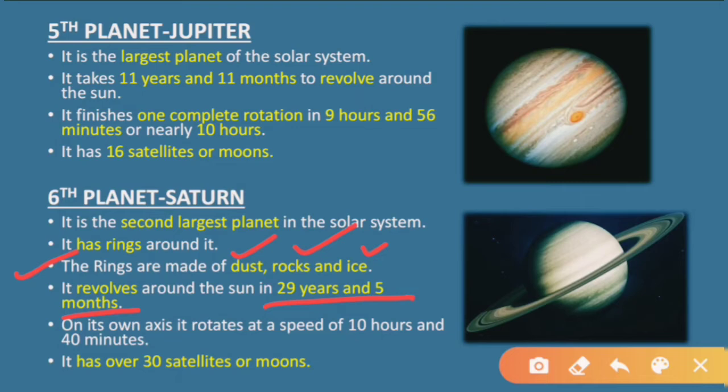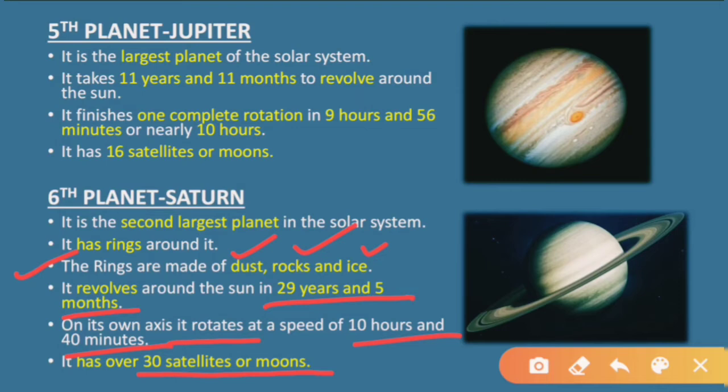It takes around 29 years and 5 months. Plus, on its own axis, it rotates in 10 hours and 40 minutes. Now it has over 30 satellites or moons.